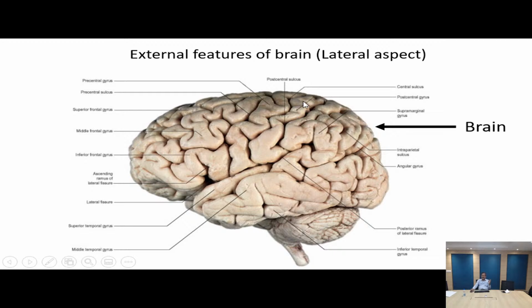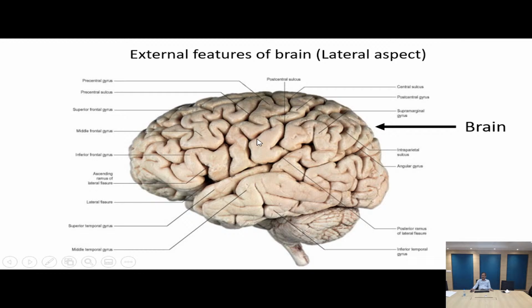Behind the central sulcus is the postcentral gyrus, and just the opposite of this area, this is the primary sensory area of the brain. Primary sensory area means the whole body is represented over here in an upside down manner.